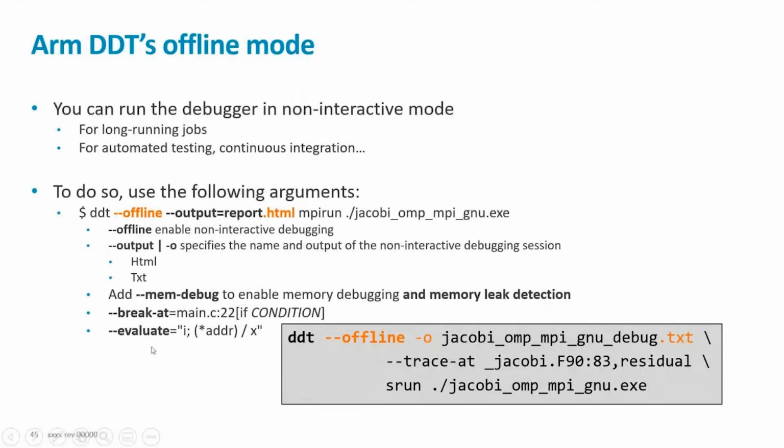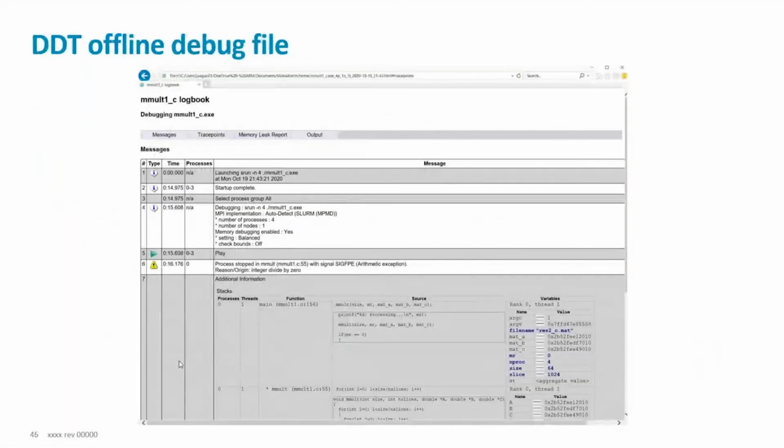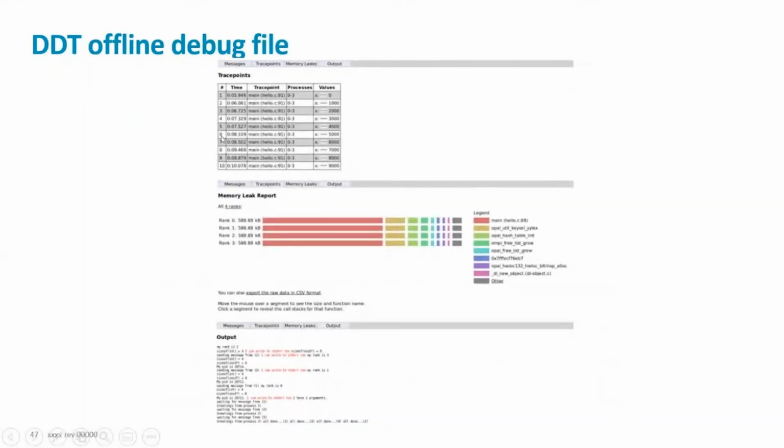Also, you can use evaluate directly from the flag. That's how your HTML report is going to look, where you'll have information for messages, memory leak report, and your output, with your trace point information.